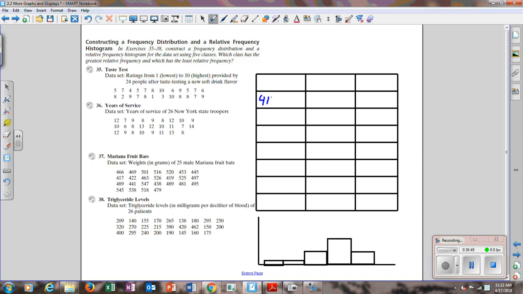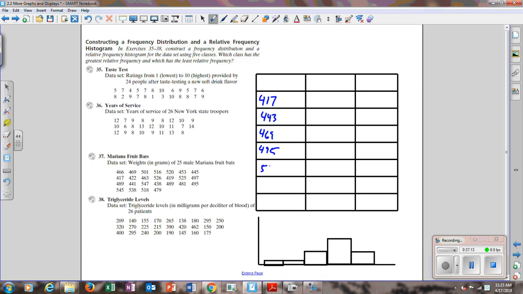So your lowest number is 417. Add 26. Gives you 443. And 469. 495.